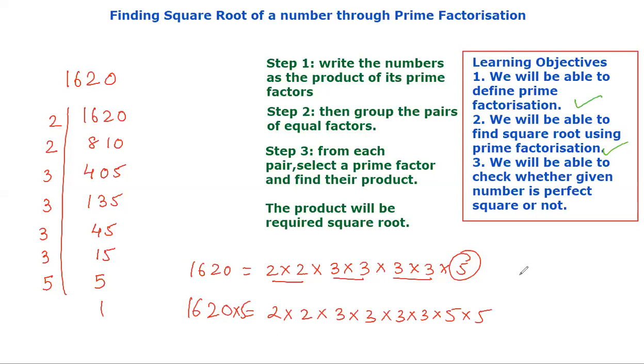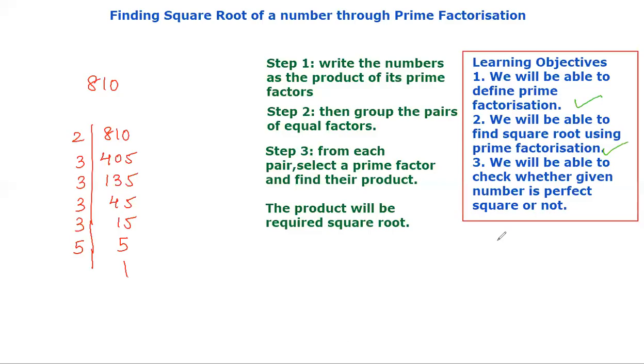For an example, let us take another example. Now I have taken another example over here, 810, and I have done the prime factorization of this. You can see that this pair is formed, but 2 and 5 are left out, right? So now to make this number a perfect square, what I can do, I can either divide it by 2 and 5, right? 2 and 5 will be 10, right?